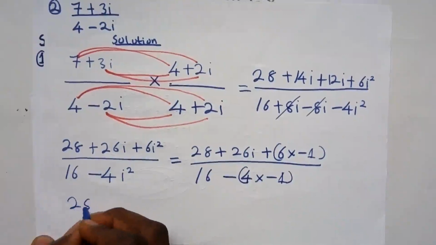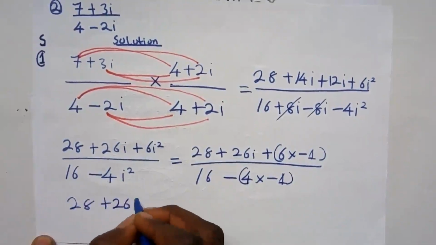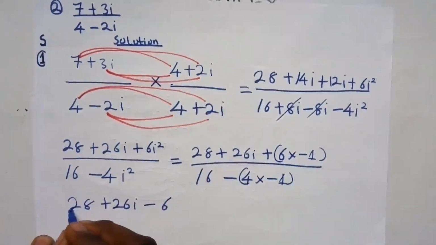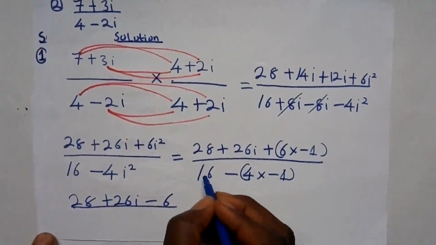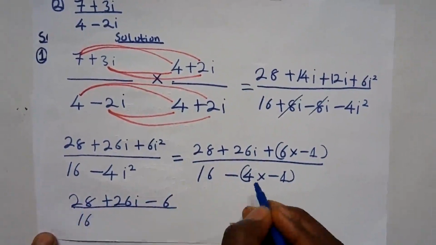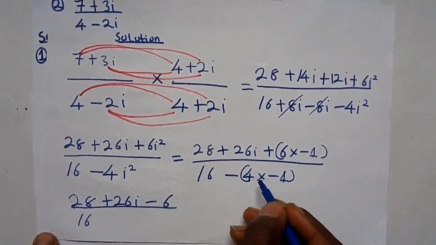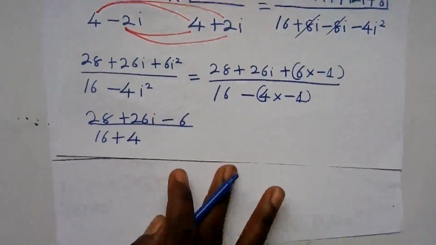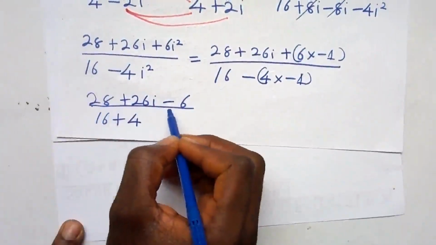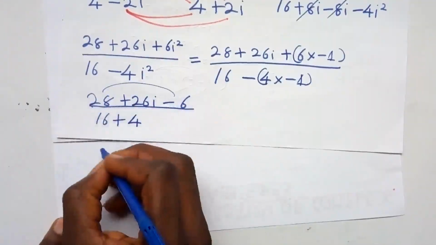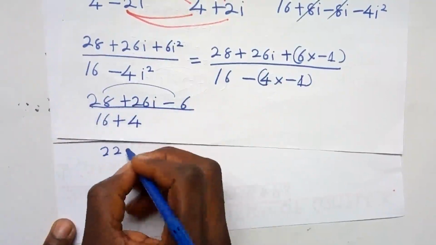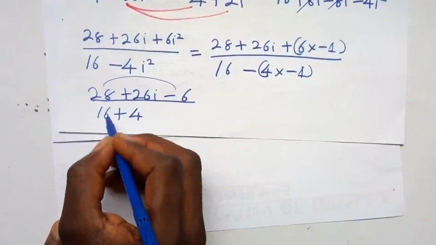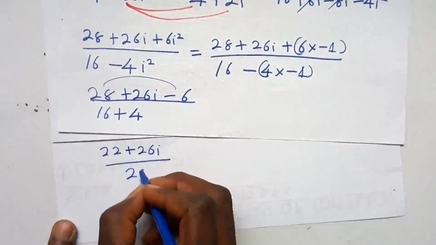So we have 28 plus 26i. 6 multiplied by minus 1 becomes minus 6, all over 16. 4 multiplied by minus 1 gives us minus 4, multiplied by a negative sign gives us plus 4. So 28 minus 6 gives us 22 plus 26i all over 16 plus 4 gives us 20.